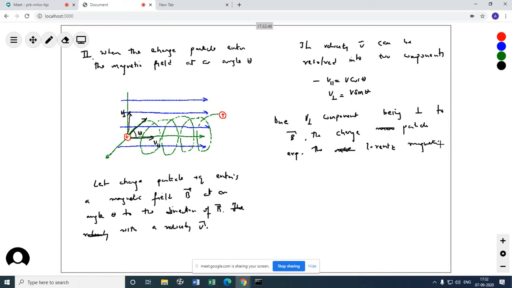Fm is equal to BQV sine theta. But here V perpendicular is perpendicular to the magnetic field, so this theta and this theta are different. Let me name this theta 1. Here the angle is 90, so this would be BQV.